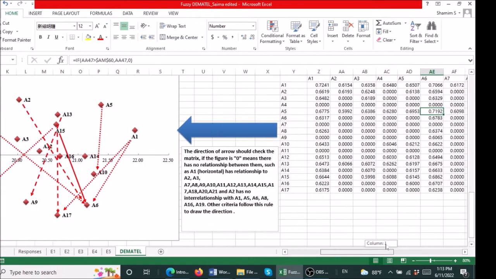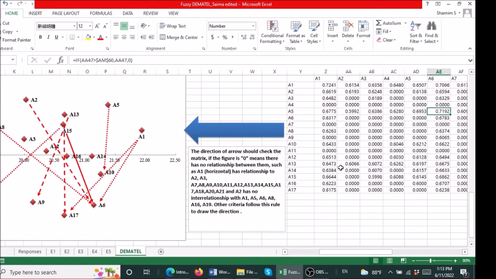Okay, so say for example we have missed one, showing one impact, A5 on A6. Okay, shows a strong effect, but we didn't draw this one. So now how to draw this one just for your understanding. Basically it is not automatic, it is not automatically generated. We have to draw this line manually.